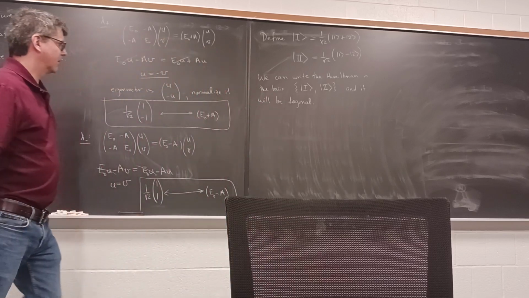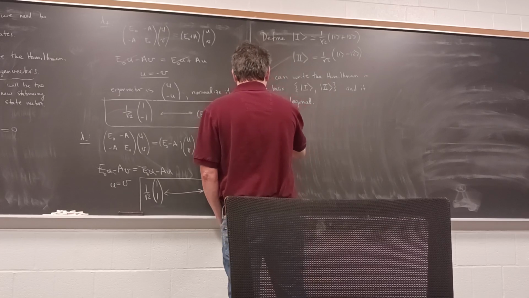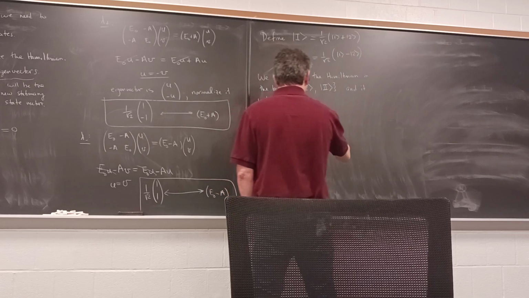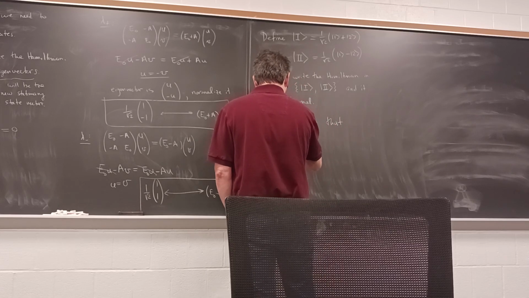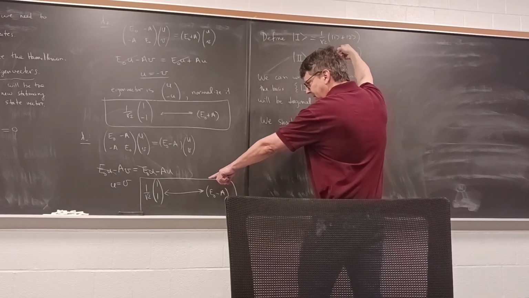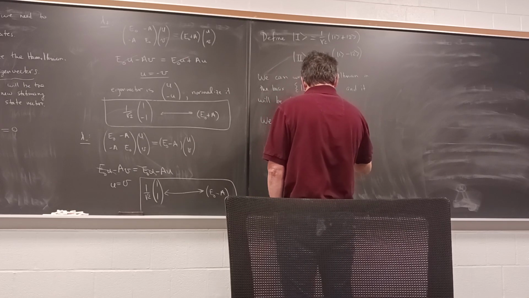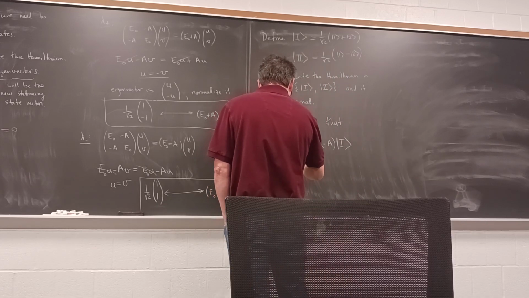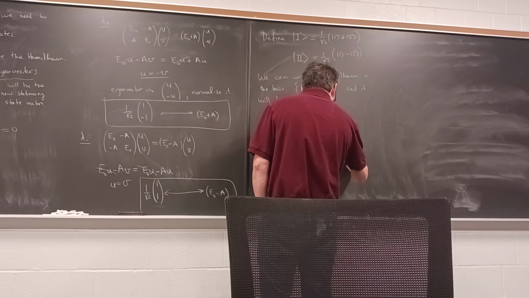Okay, and so to touch base with what we did before, we should have H on capital 1, which is the one with the plus in it, should be E0 minus A times 1, and H on 2 will be E0 plus A on Roman 2.